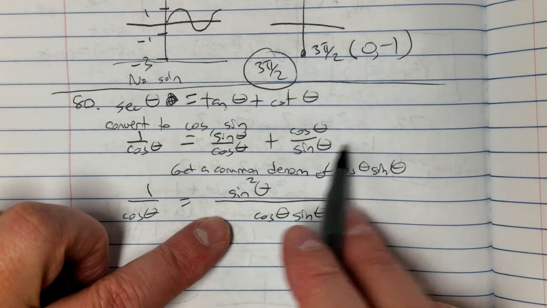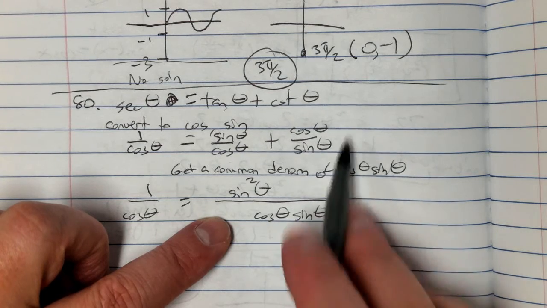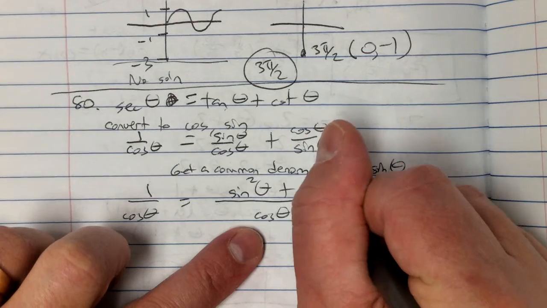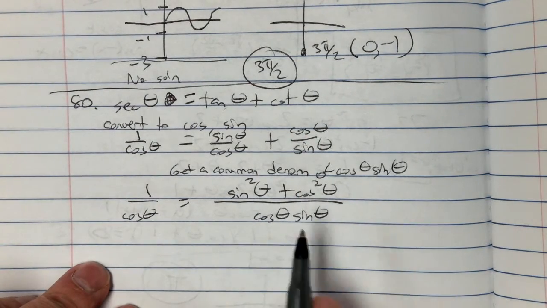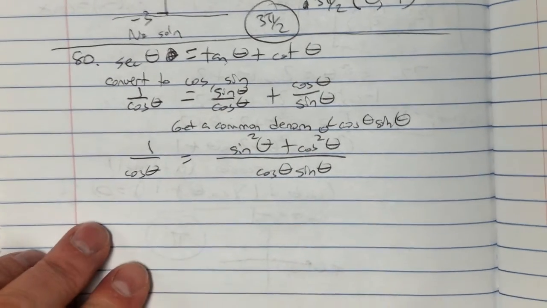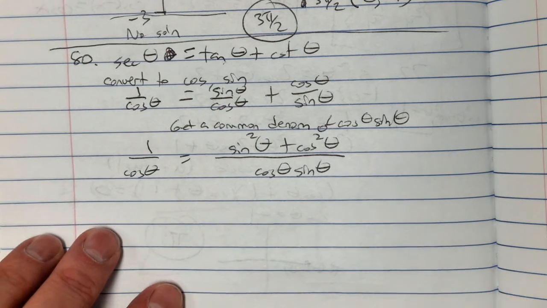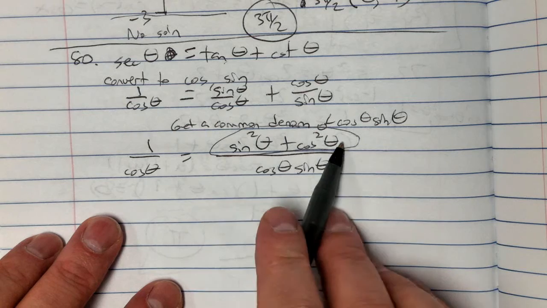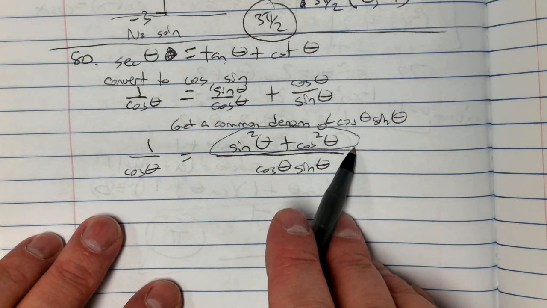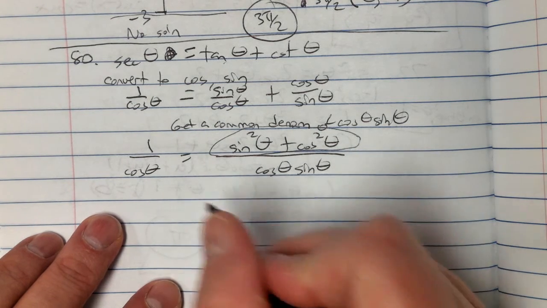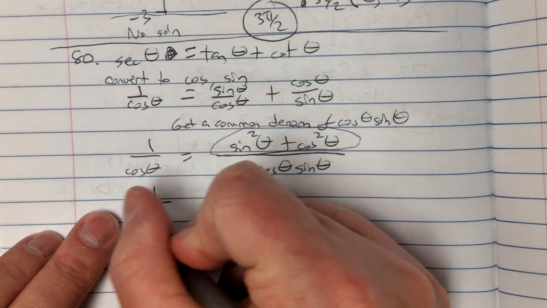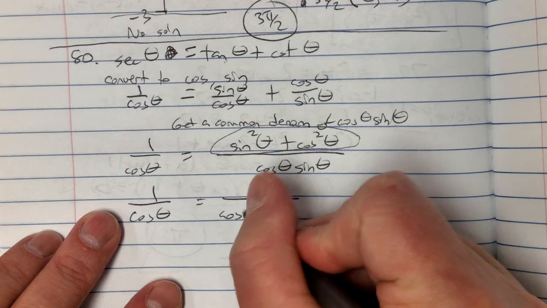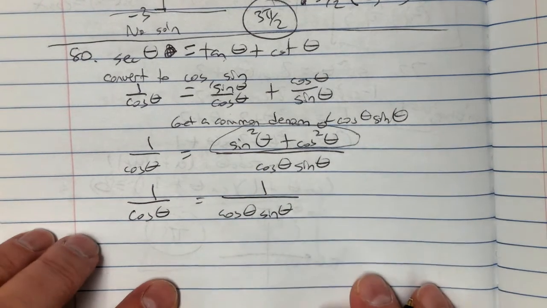And on this one we do cosine to both, and so we get cosine squared. So we have sine squared theta plus cosine squared theta. Now at this point, use your Pythagorean identity where that entire thing that I circled is equal to 1. So we're just doing a substitution. We have 1 over cosine theta equal 1 over cosine theta sine theta.